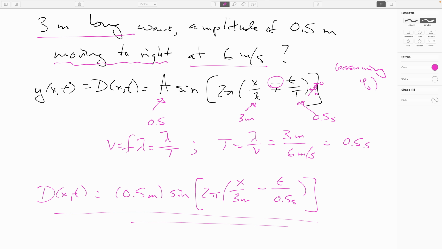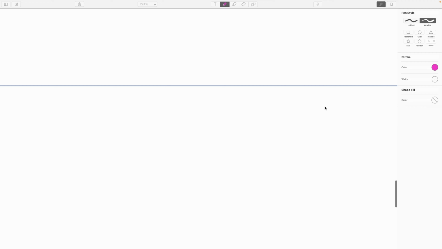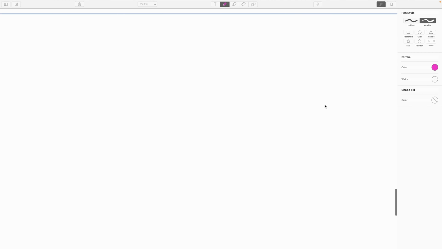Now, you can also obtain relations for wave speed through basically looking at F equals ma and applying it to the situation.